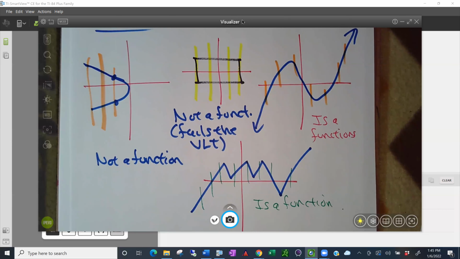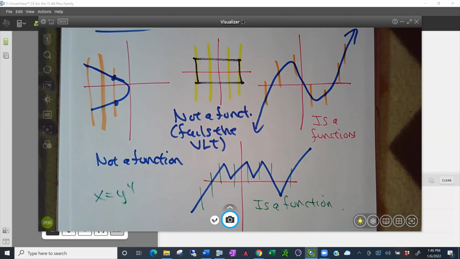Now there is going to be an example on WebAssign where they ask you to graph or decide whether or not something like x equals y to the fourth is a function, or y to the sixth, or y to the eighth, something like that. The problem is most of us, myself included, don't know exactly what this graph looks like.